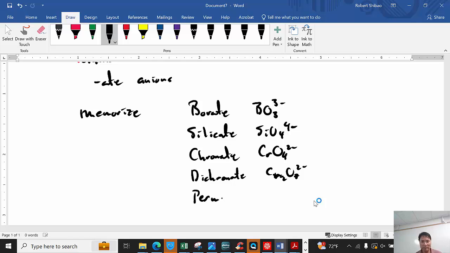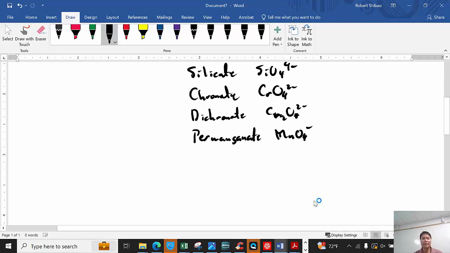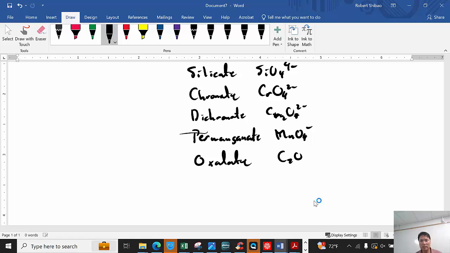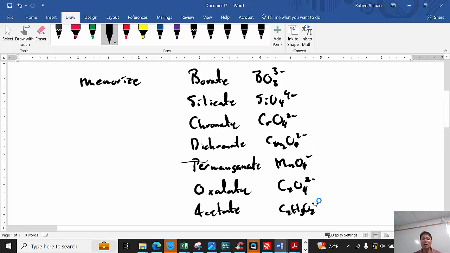Permanganate: MnO4 minus. What else? Oxalate: C2O4 2 minus. Correct. Acetate: C2H3O2 minus.